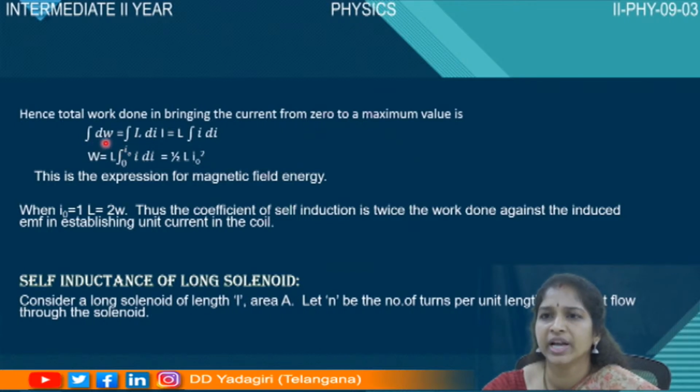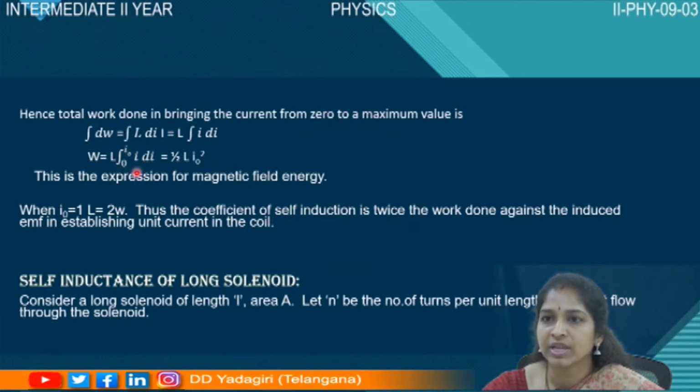Integration of dW is W. L is the coefficient of self-induction, which is constant, so we can take it outside the integration. What are the remaining terms? I di. Integration of I di is I square by 2.